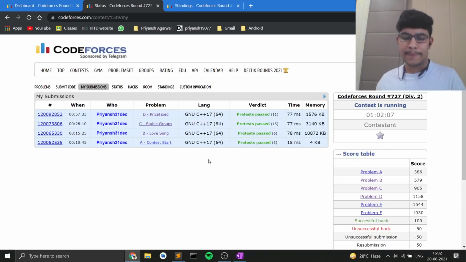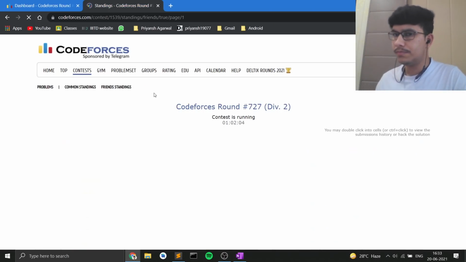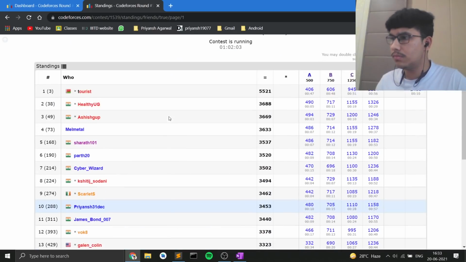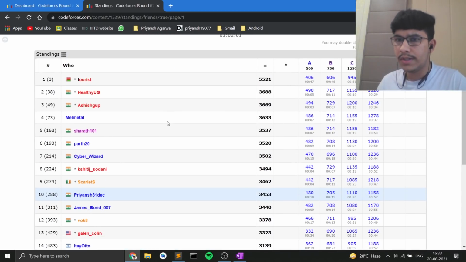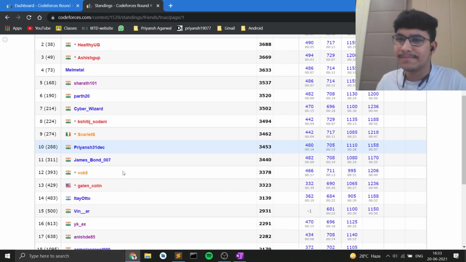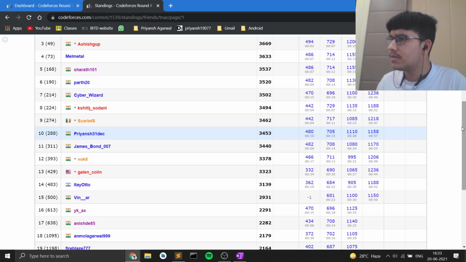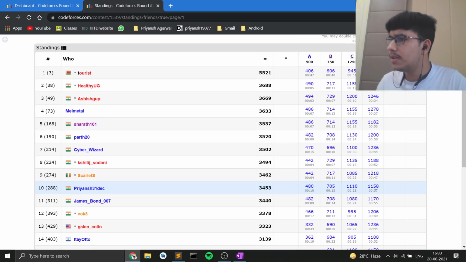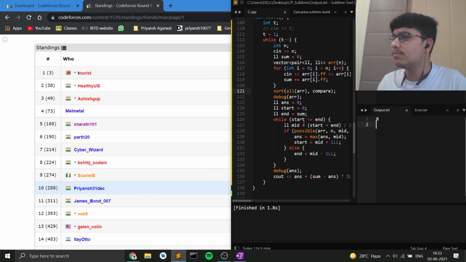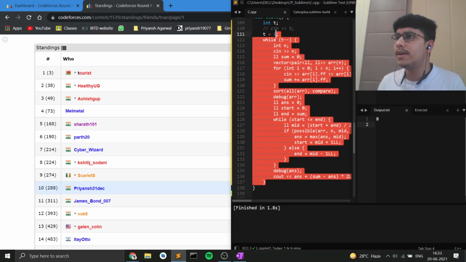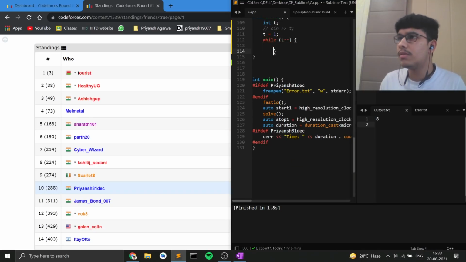Okay, cool. 288 is not bad. And like path is performing really well today. Great. I don't know, maybe there is some greedy solution to this as well. Because thinking about this binary search and then implementing it again is not at all trivial.